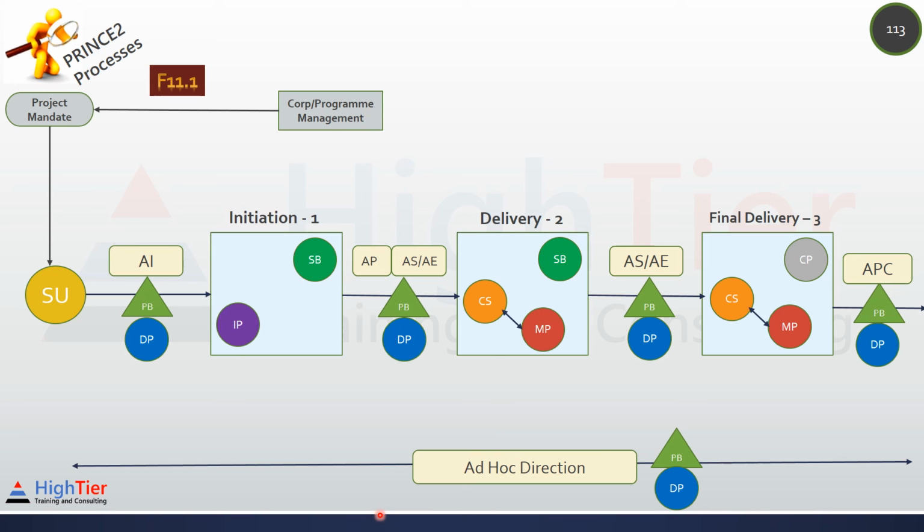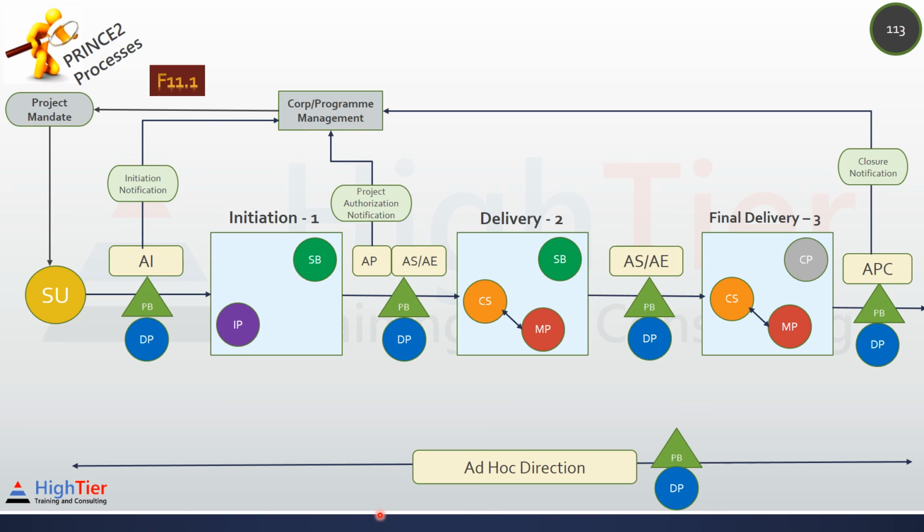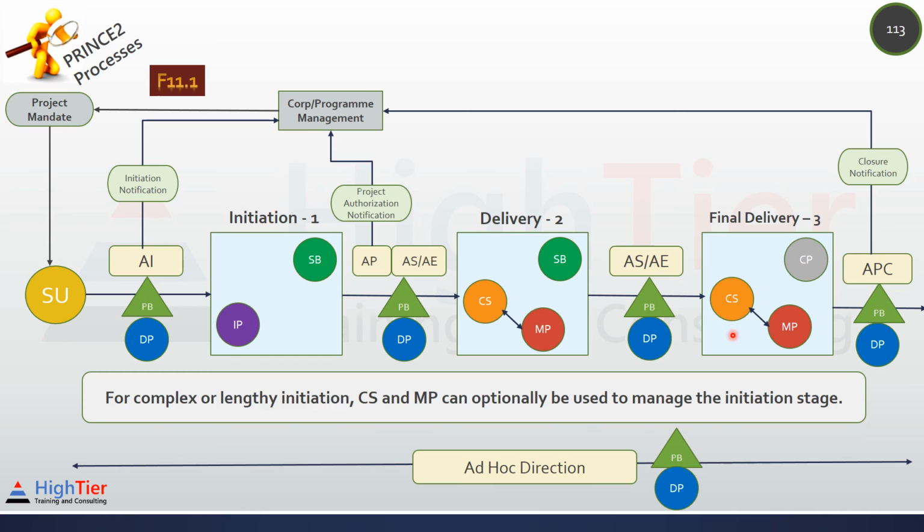The project board sends 3 notifications to the corporate or program management: initiation notification, project authorization notification, and closure notification. One more point. As we can see, CS and MP are part of all the delivery stages. But for complex or lengthy initiation, controlling a stage and managing product delivery can optionally be used to manage the initiation stage.